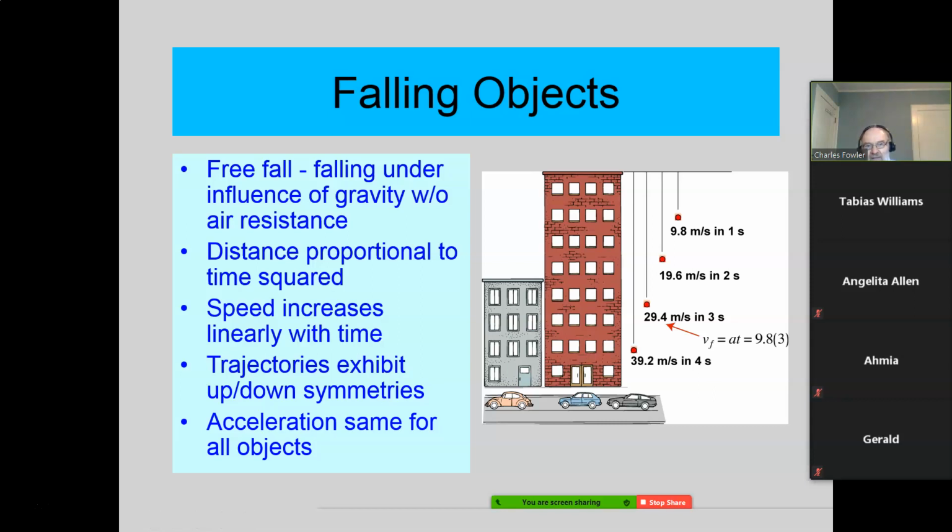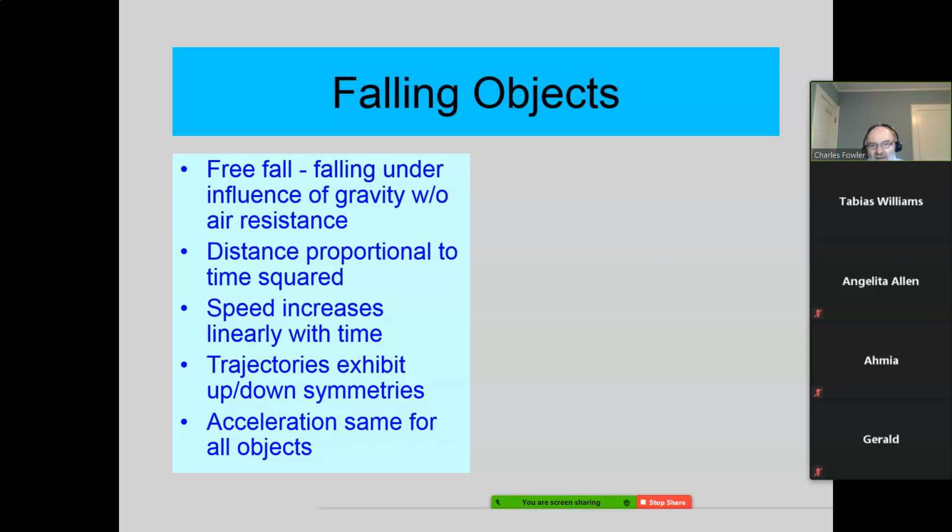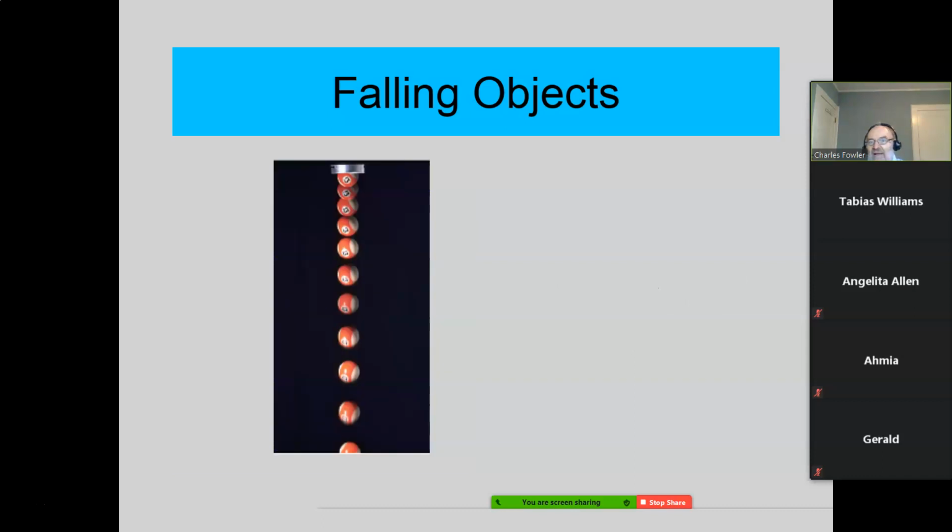Okay. And this is also the one that we've had, okay, here. The up and down trajectories exactly mimic one another.